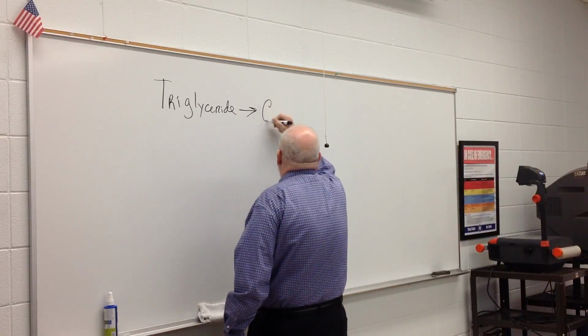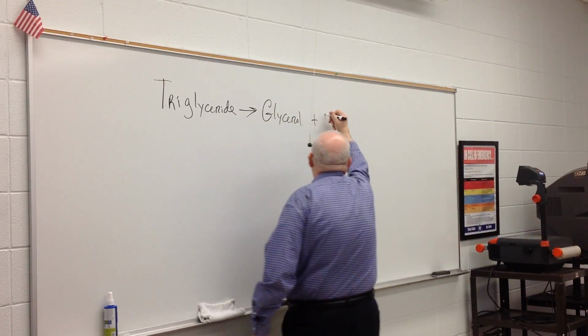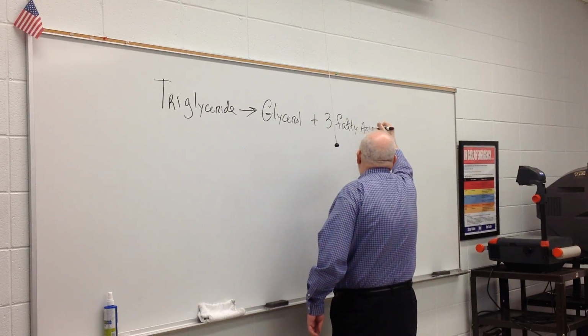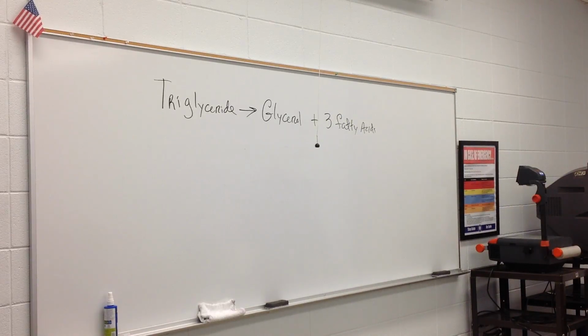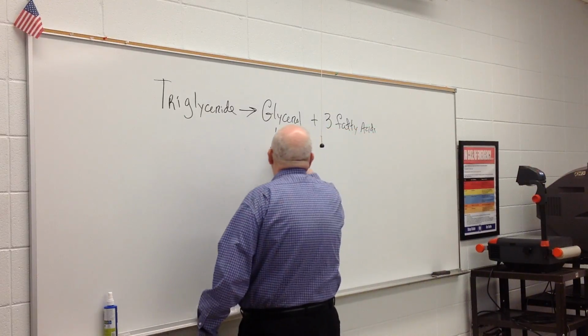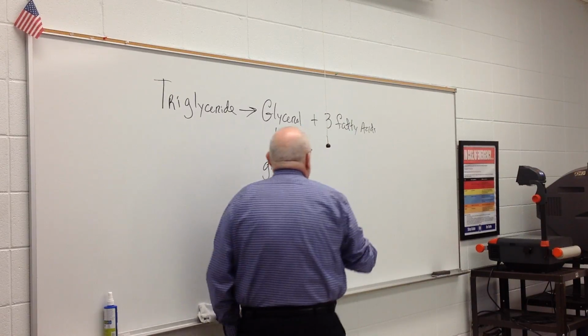Well, first thing it's going to get broken down into glycerol and 3 fatty acids. That's what a triglyceride is, okay? It's a glycerol and 3 fatty acids. Now, the glycerol can go directly into glycolysis.